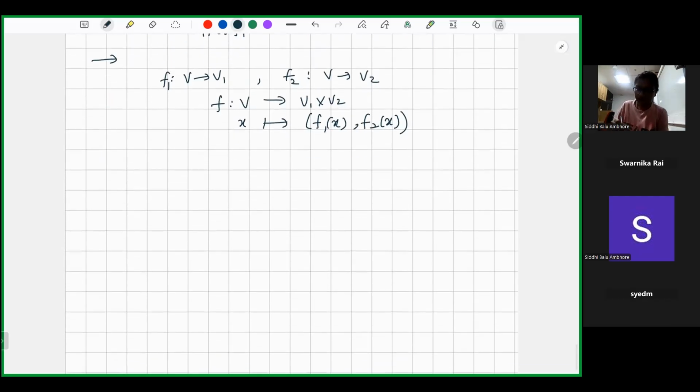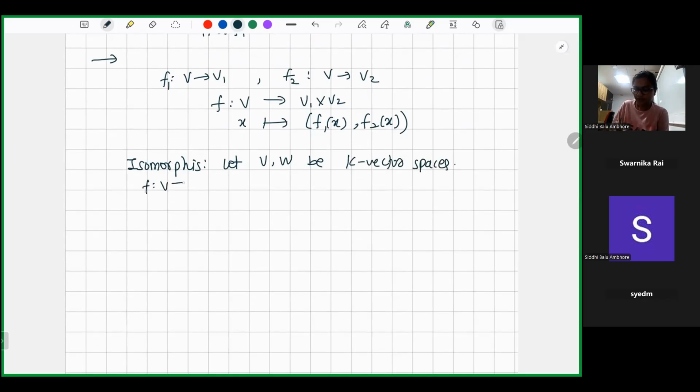So isomorphism means, let K be a field, and let V and W be K vector spaces.